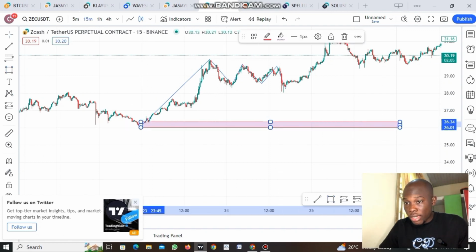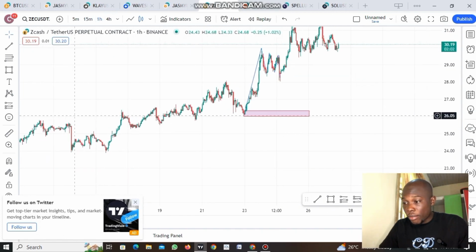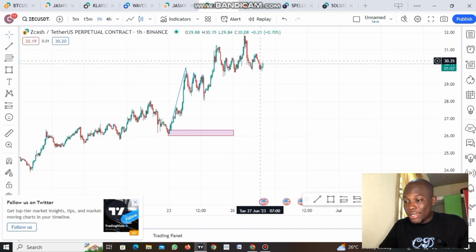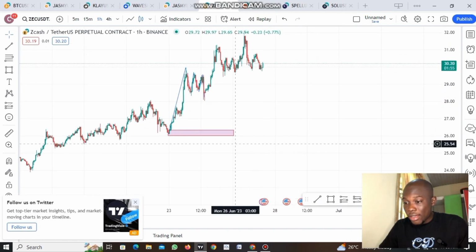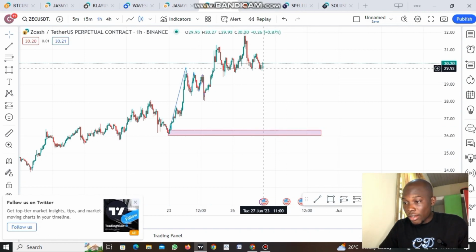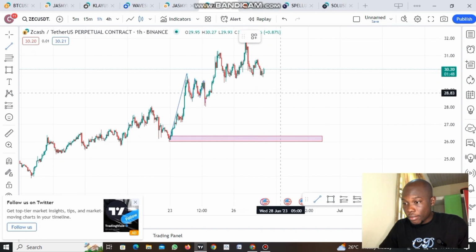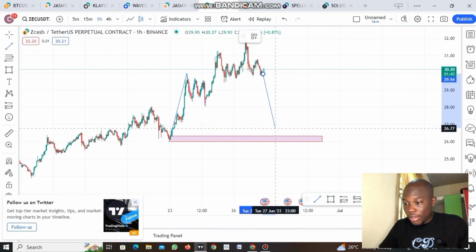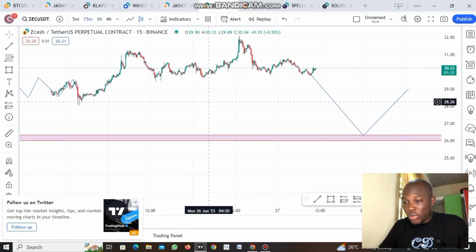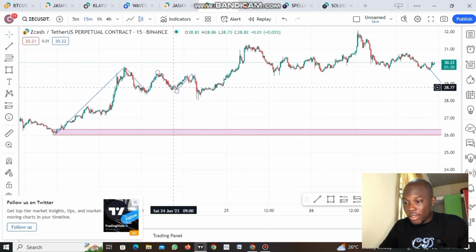And also, if you go to a higher time frame, as you can see, it is a major range. That means the likelihood of the market, let's say the market comes down here. Okay, let me extend this so I can have a clearer picture. Let's say the market comes down. The likelihood of it bouncing up after hitting here is very high compared to when you just trade from these small ranges.